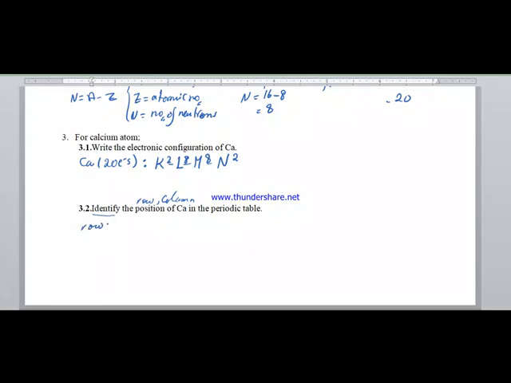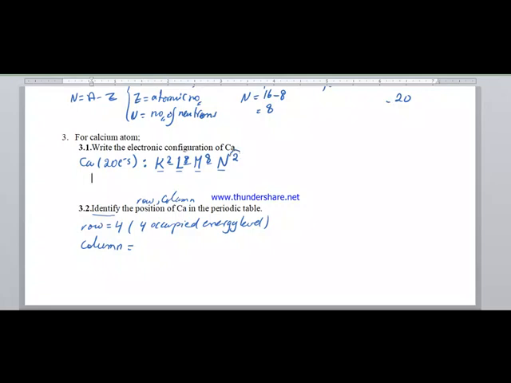For the row, the calcium atom has 1, 2, 3, and 4 occupied energy levels, so it is in row 4. To find the column, we look at the number of valence electrons.